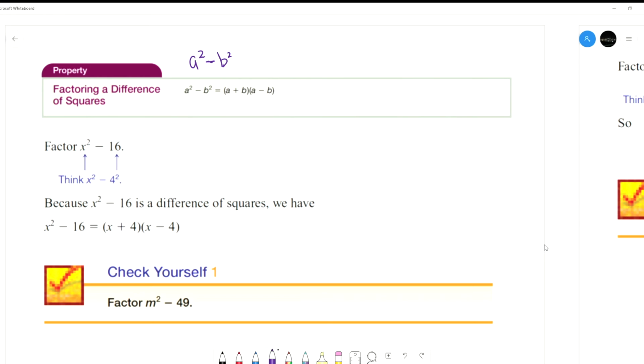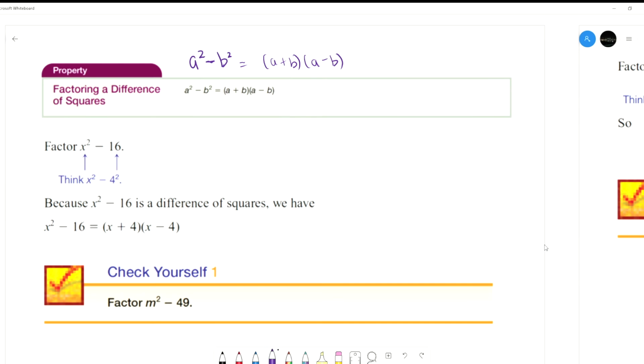And what are you subtracting? You're subtracting something squared and something else squared, right? And when that happens, in any factoring problem with this kind of an example, you'll always get a plus b. This is always going to factor into a plus b times a minus b.